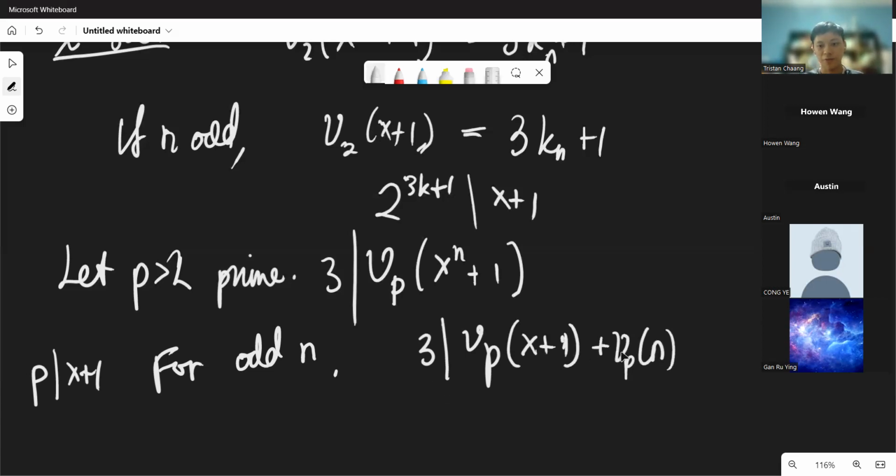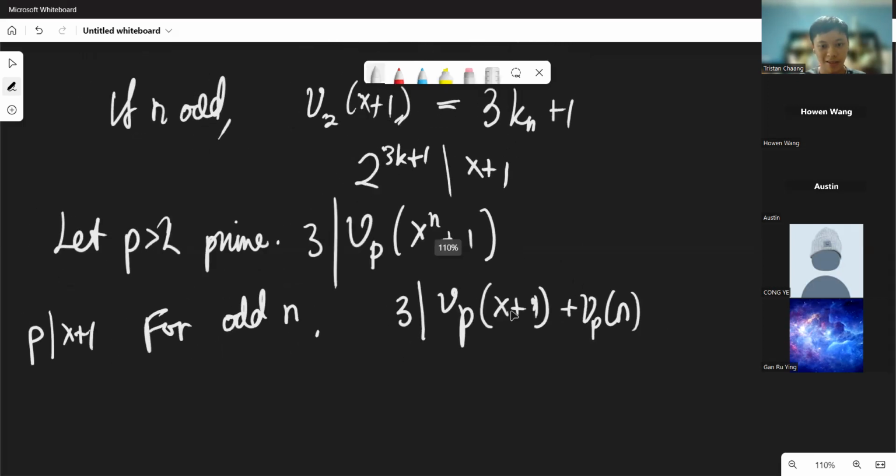Okay, does this hold for all odd positive integers n? The first term here is fixed, right? But how about VP of n? I can remain n to be odd, that's fine, but I can also let VP of n be any number I want by choosing the right n.